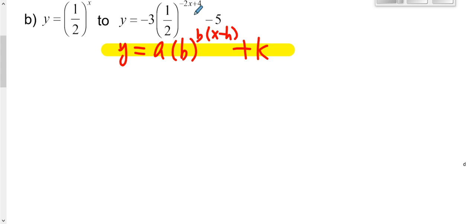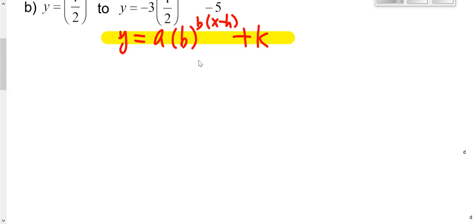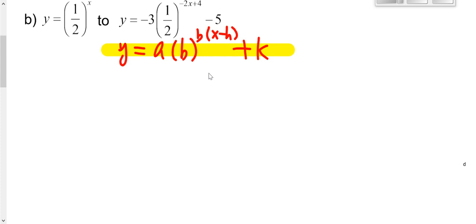I hope you realize that this formula is not on the formula sheet, the general form of the transformation of an exponential function. So make sure you try to remember it, learn it, and perhaps memorize it.